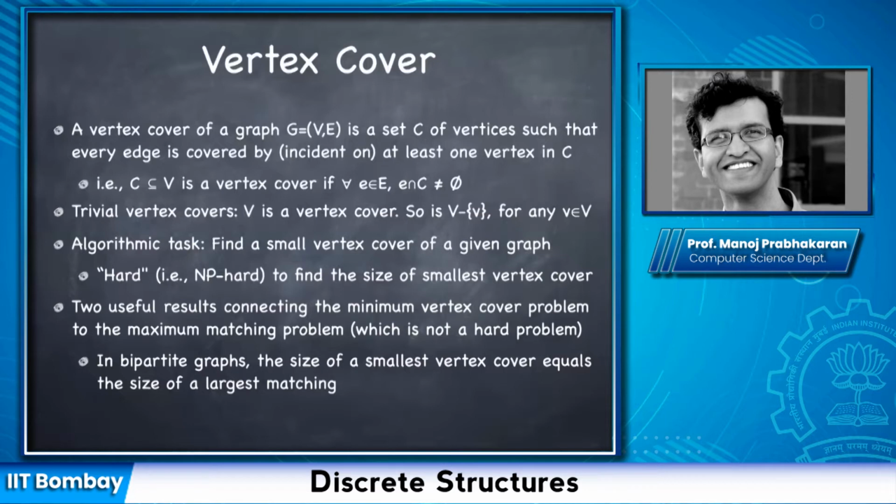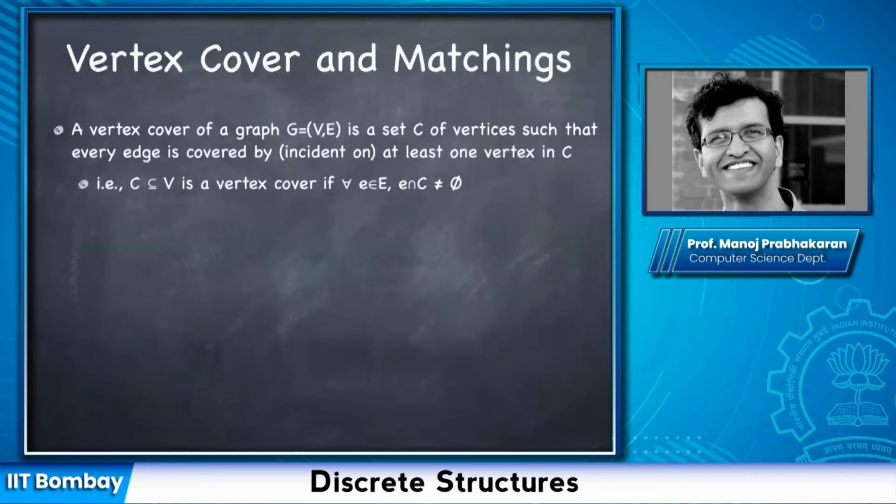And when it's not a bipartite graph, in a general graph, we'll see that you'll be able to find a vertex cover within a factor of 2 of the optimum very efficiently. These are a couple of things we'll see shortly.